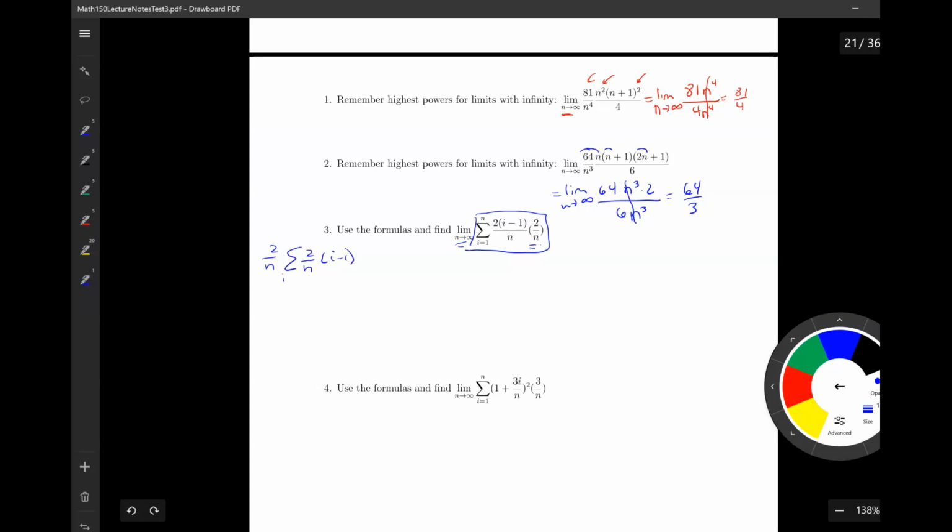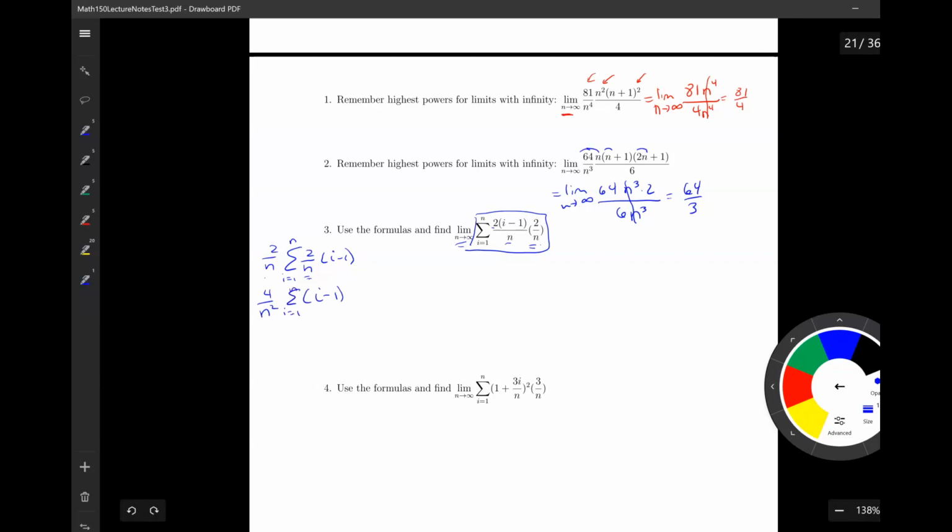So I'm just doing a bunch of rewriting. So I get 4 over n squared, summation of i minus 1.